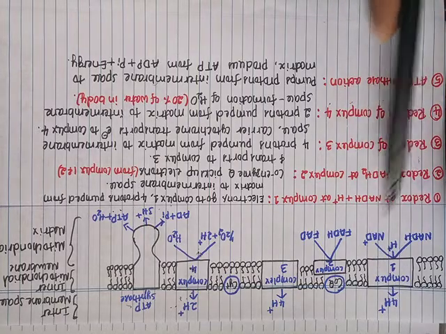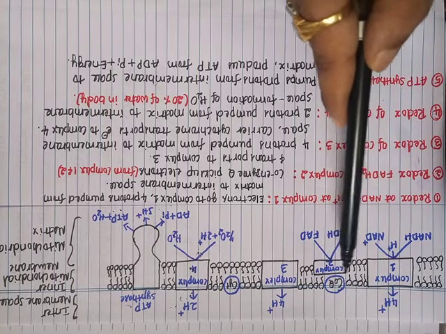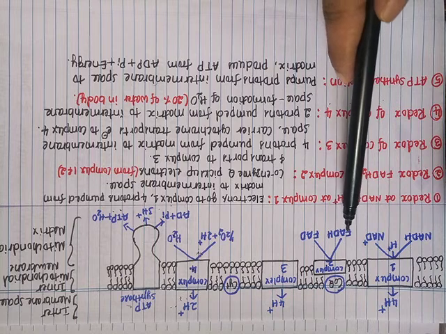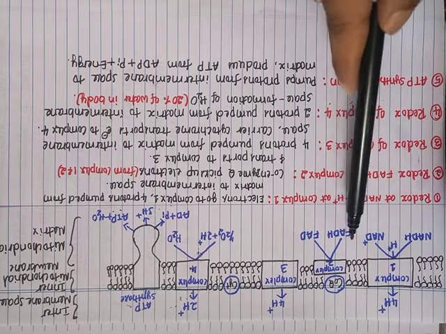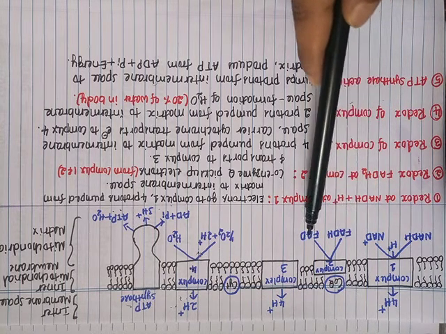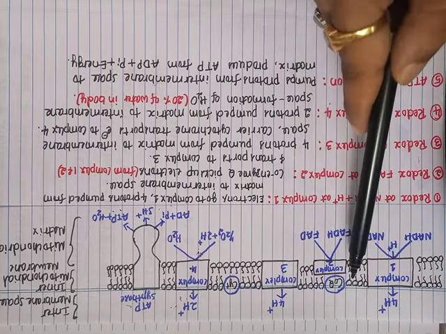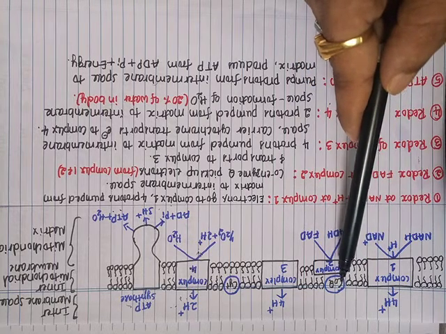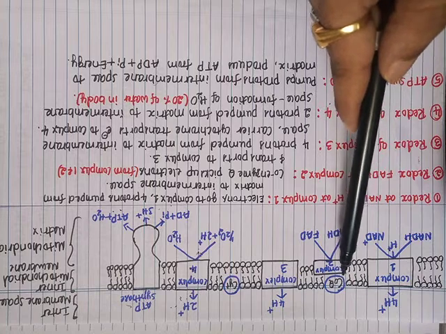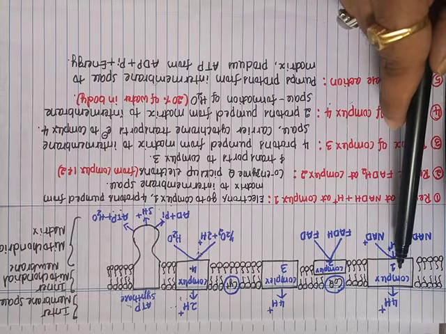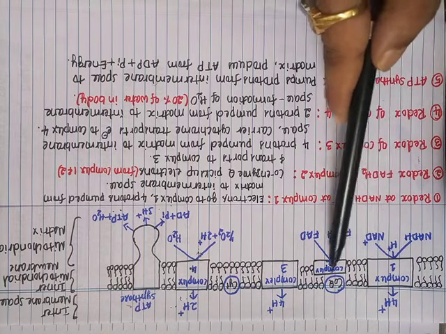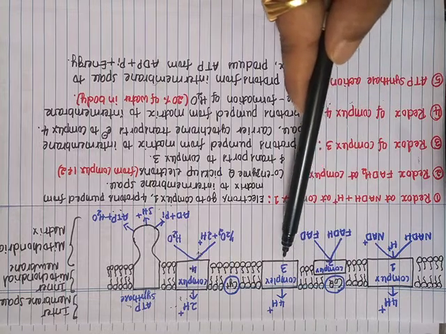At complex 2, what happens? FADH2 oxidizes into FAD. Coenzyme Q picks up the electrons from both complex 1 and 2 and transports them to complex 3.